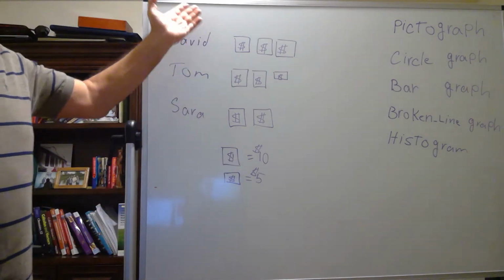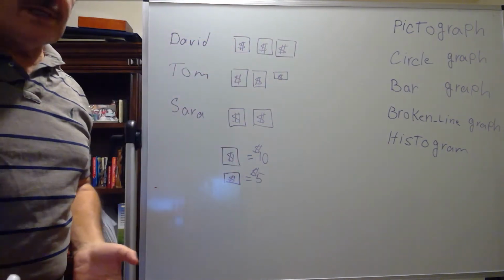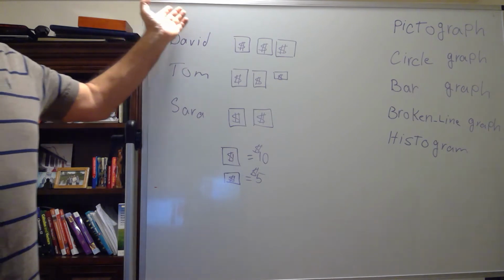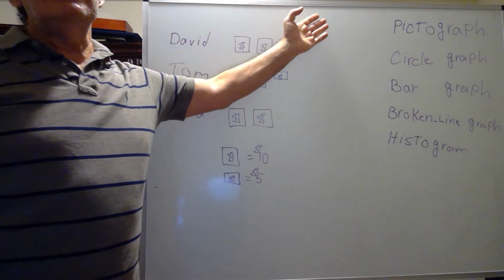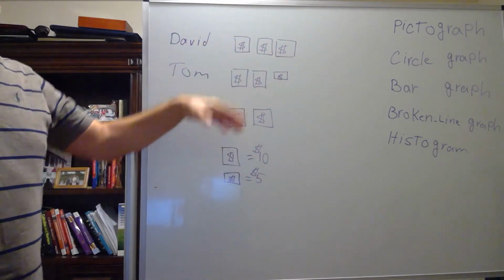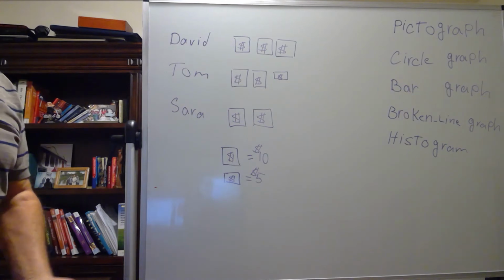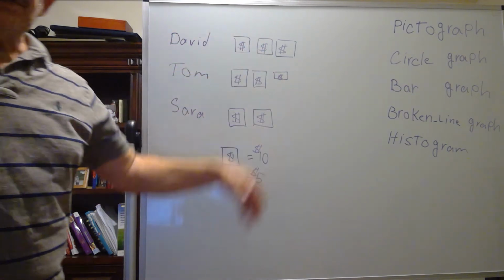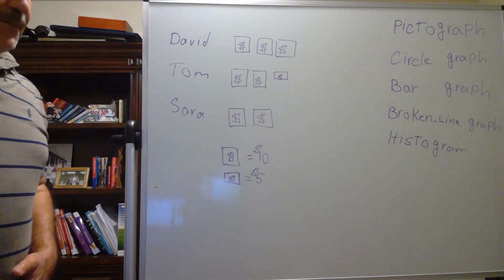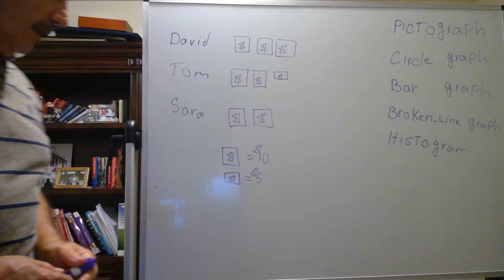But sometimes the explanation of the pictograph gives us the information. As an example, it says the total money of this is $75. So we don't need to calculate this one, because the explanation at the beginning of the question mentions how much the total amount of money is. Okay, so this one is about the pictograph.